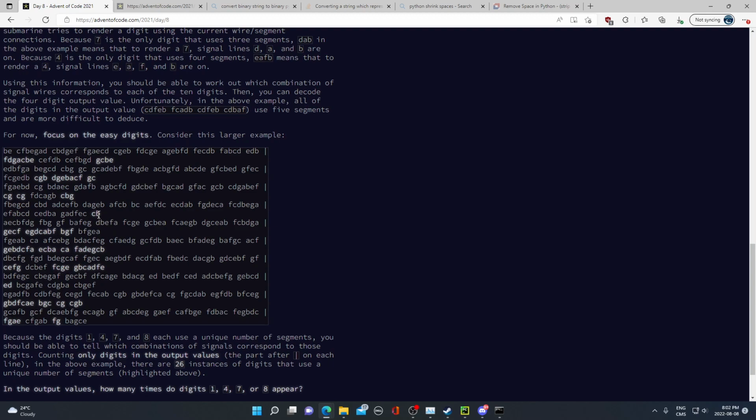From the sample example, it looks like the outputs are also numbers. It's not any random character, which is incredibly not clear from the puzzle itself.